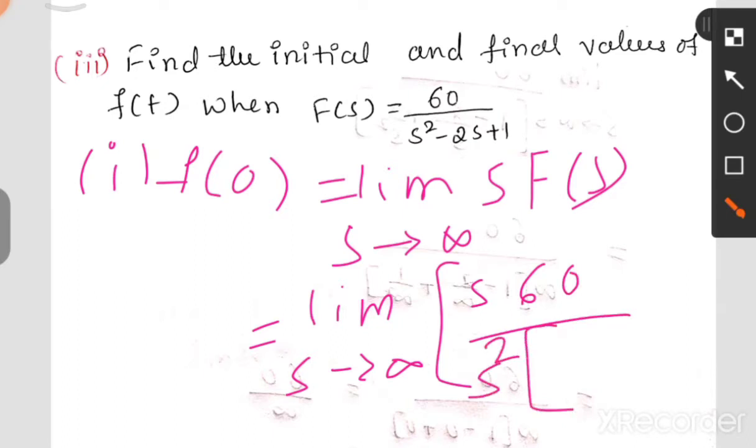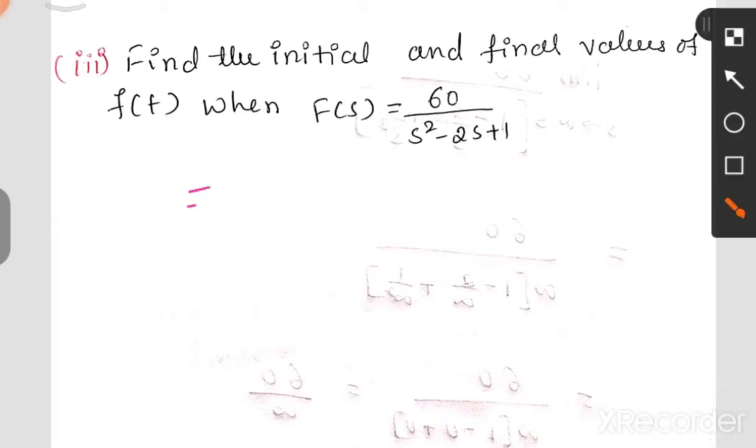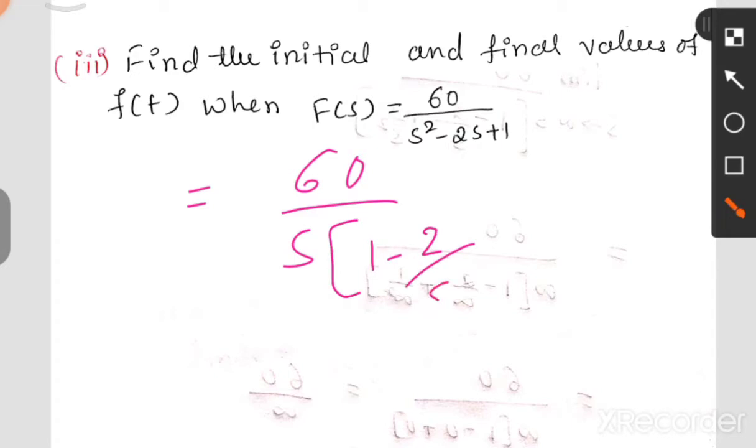Then when you have taken s square outside, it will be 1 minus 2 by s plus 1 by s square. The s's get cancelled, so the remaining term is 60 divided by s into 1 minus 2 by s plus 1 by s square.